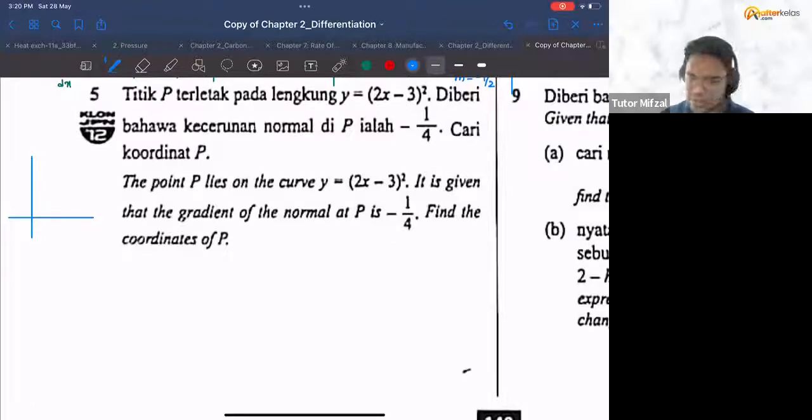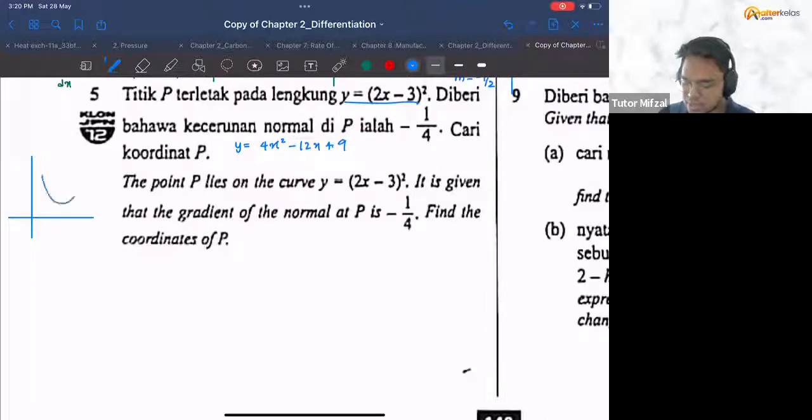Just draw je. But first of all, I nak tukar dulu yang ni into, I nak expand je. So 2 kuasa 2 is 4, x kuasa 2. 2x times negative 3 is negative 6x. Negative 6x times 2 is negative 12x. Alright, and this one is 9. Okay.